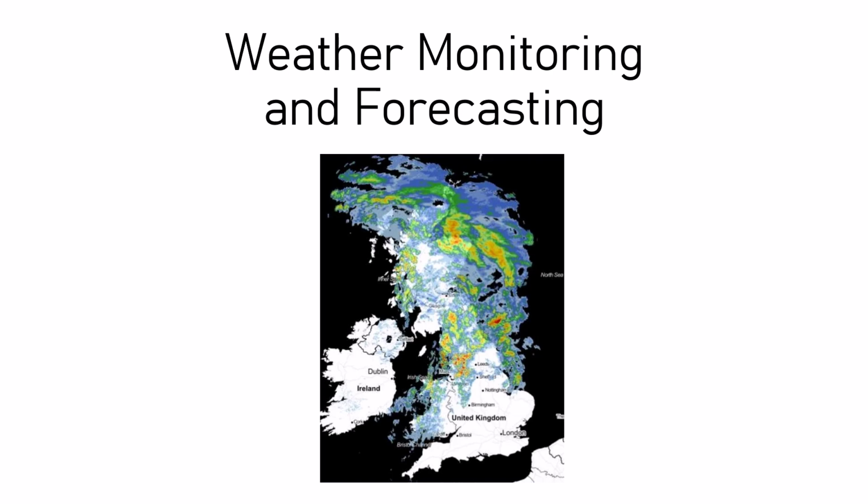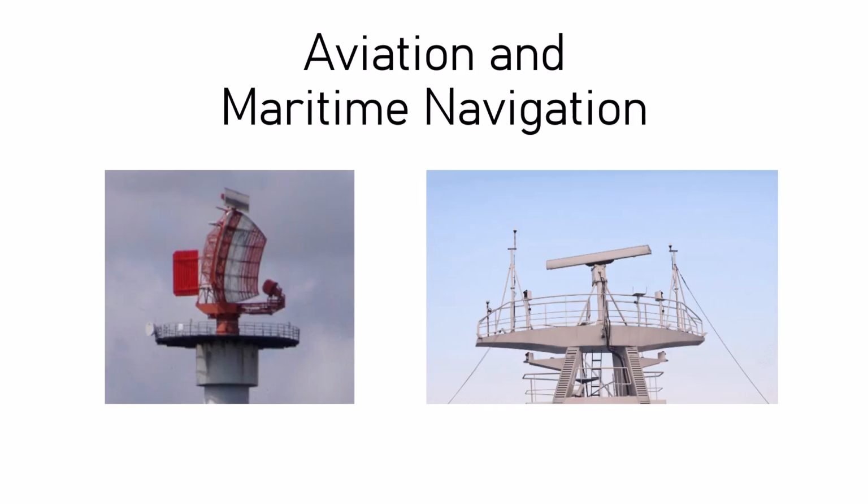Meteorological radar systems are essential for weather monitoring, enabling accurate forecasting and tracking of weather conditions. There is a network of radar stations across the world scanning the skies and producing images showing rain, snow, and thunderstorms, helping to forecast the weather. Radar systems are vital for aviation and maritime navigation, enhancing safety by providing real-time tracking of aircraft and vessels.